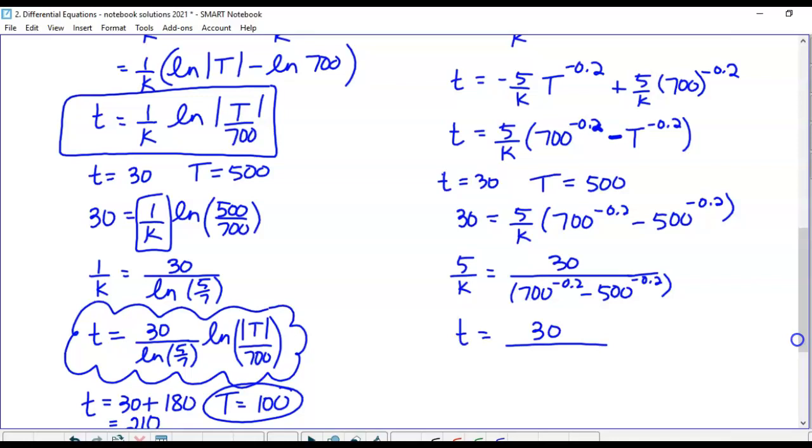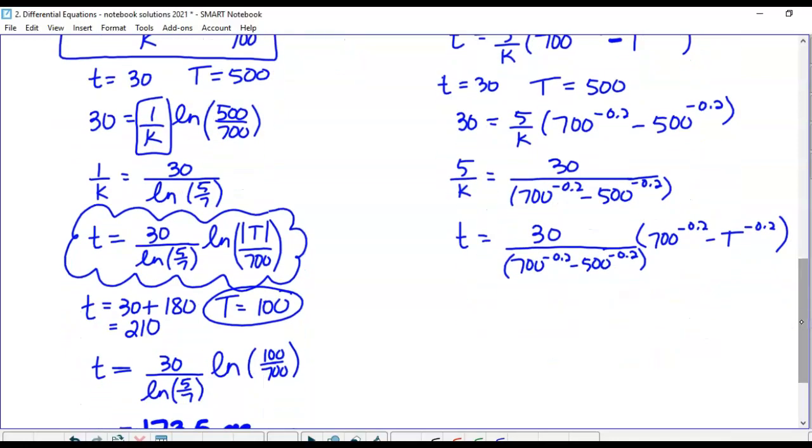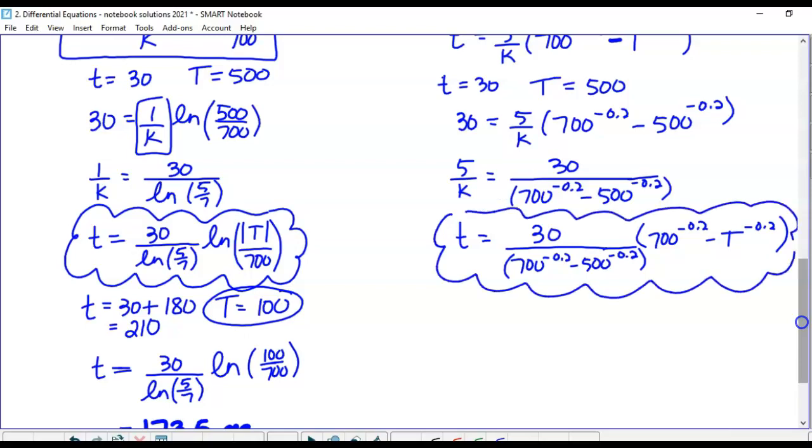Right, so 30 over... All right, so then let's test this out. So that's your equation in terms of t as an exact form. You can obviously find this value here.